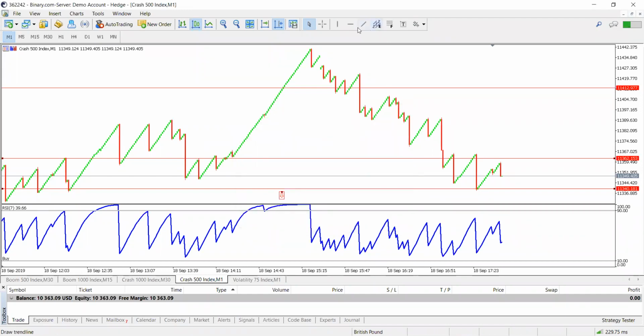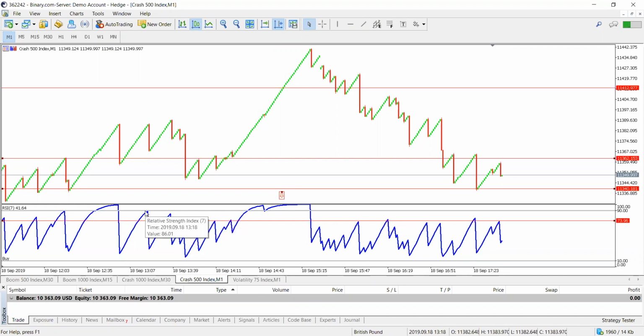What you do here, for instance, now crash is crashing. Simply do this. Where you see there's a lot of, remember the lines you were drawing when you were starting to trade. Now you draw these lines on the indicator itself. We are appreciating the fact that when it touches 90, it crashes.